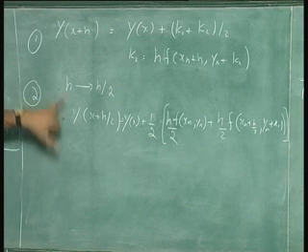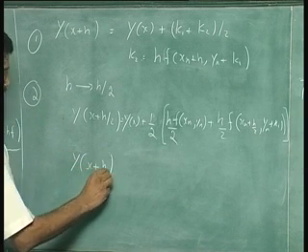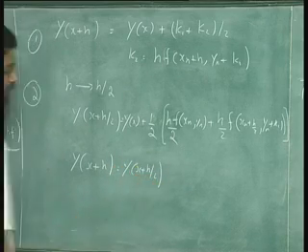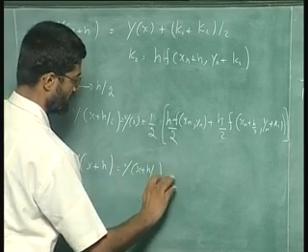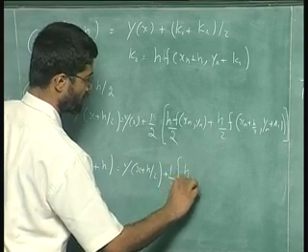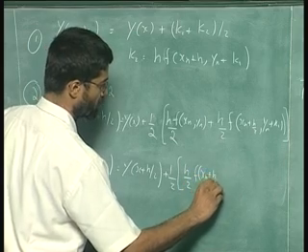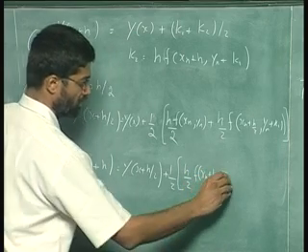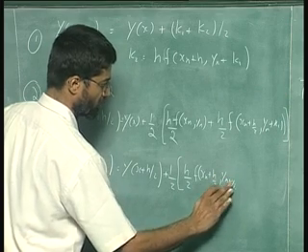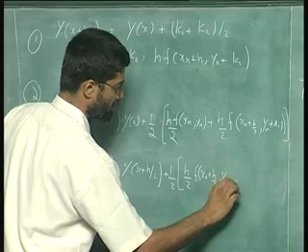Now I do this once again. I go to y at x plus h from y at x plus h by 2, and do the same thing again, that is half times h by 2 times the function value at xn plus h by 2, yn plus half. I would call yn plus half the y at xn plus h by 2.